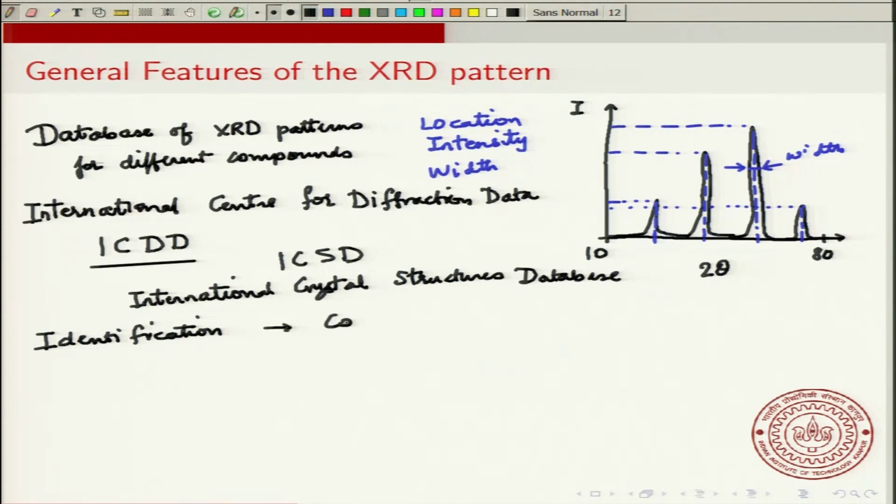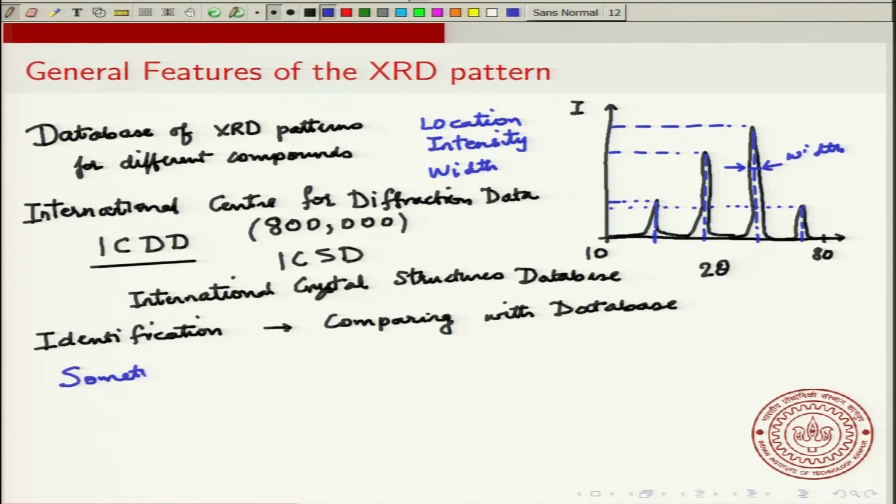Identification can be obtained by comparing with the database. The number of compounds right now is greater than 800,000 compounds whose powder diffraction data is available, and you can compare with them and identify your compound, but sometimes this comparison does not work.